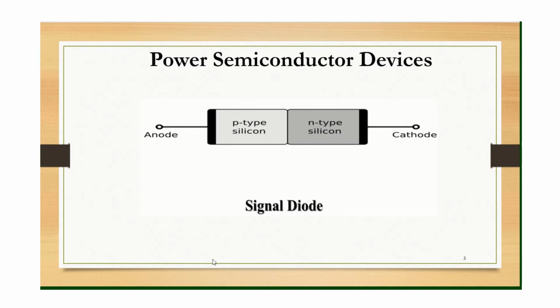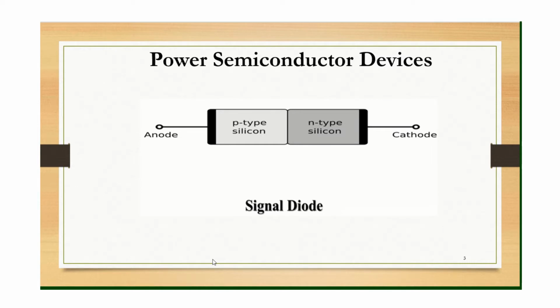Both these devices, the normal diode and the power diode, are uncontrolled devices because their on-off situations depend on the external circuit used. Normal diodes are used in small signal applications, whereas power diodes are used for high voltage and current applications, mainly such as inverters.